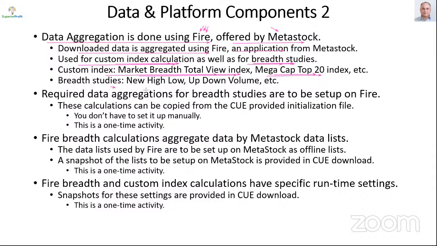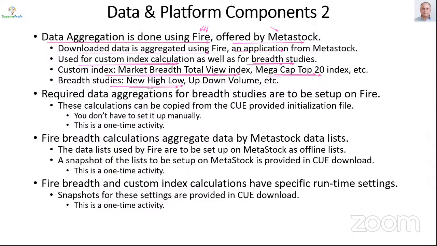And breadth studies examples are new high low, aggregated, for example, over NASDAQ composite, or over NYSE composite, or over S&P 1500 or 500, Dow Jones Industrials. So new high low is an aggregation of all the new highs minus all the new lows for a particular data set.